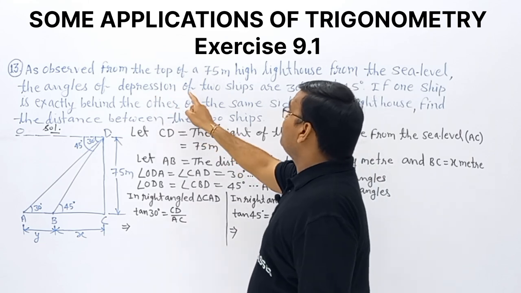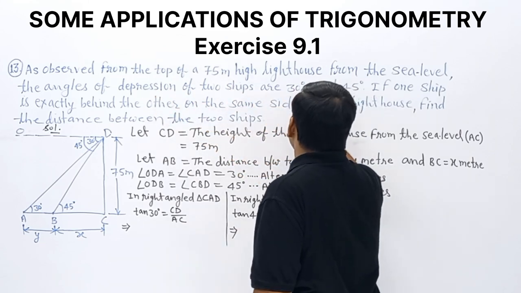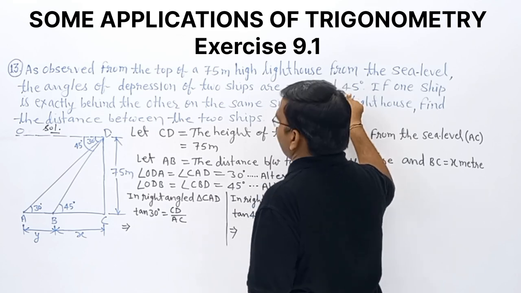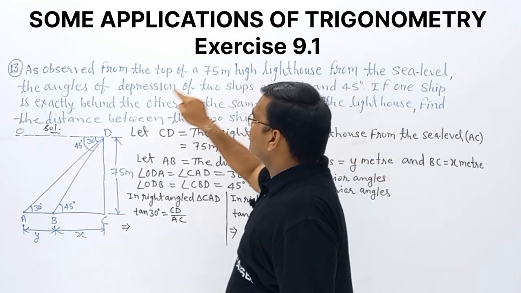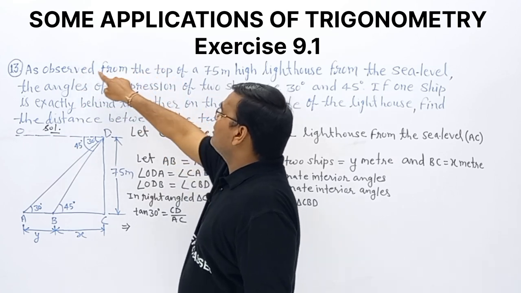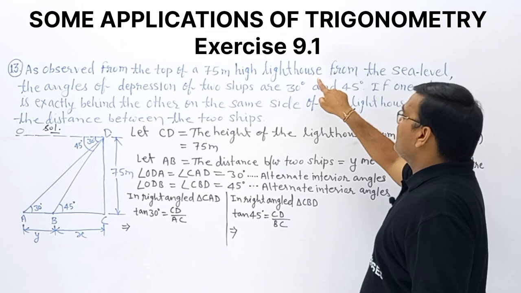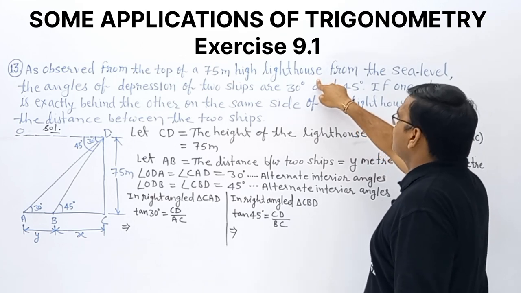The angles of depression of two ships are 30 degrees and 45 degrees. So from the top of the 75-meter high lighthouse, what are we observing?